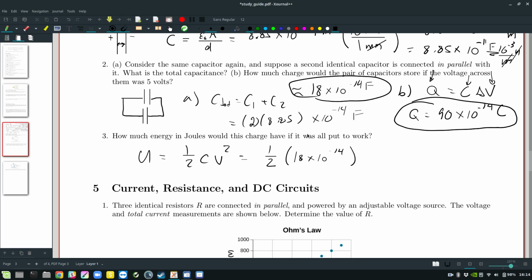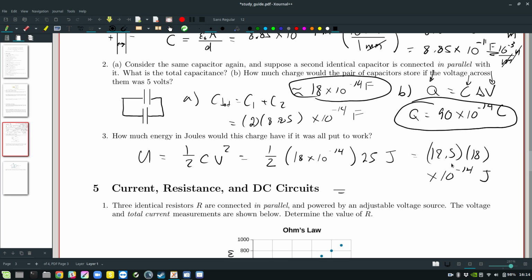If the voltage is 5 volts, then that squared is 25. 5 times 5 is 25, and then the units come out to be joules. So it's actually 12.5 times 18 times 10 to the negative 14 joules.